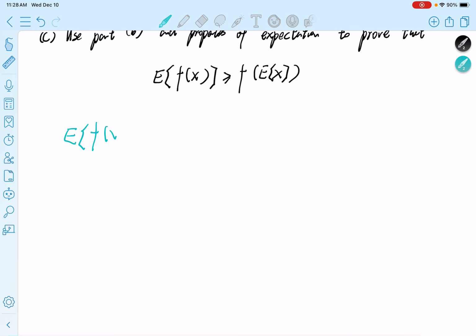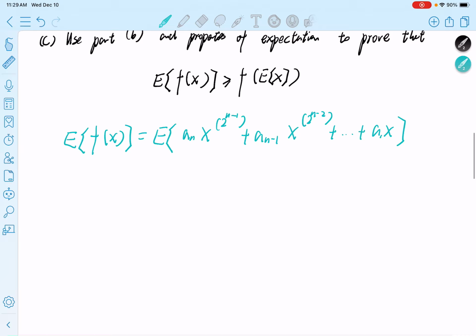So e of f of x should equal to e of an x to the 2 to the n minus 1 plus an minus 1 x to the 2n minus 2 plus blah, blah, blah, all the way to a1x. So for this one, we're just explicitly writing what is f of x.